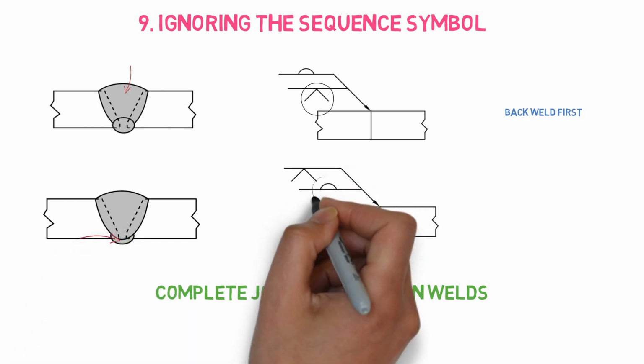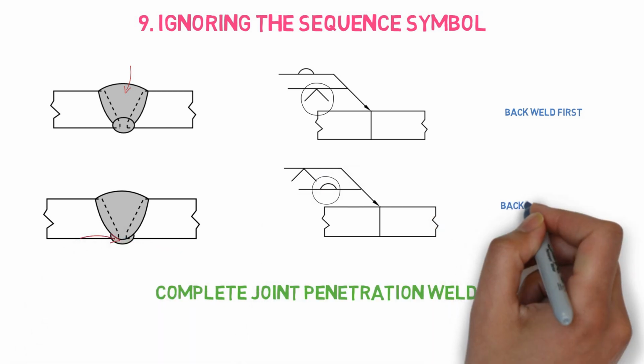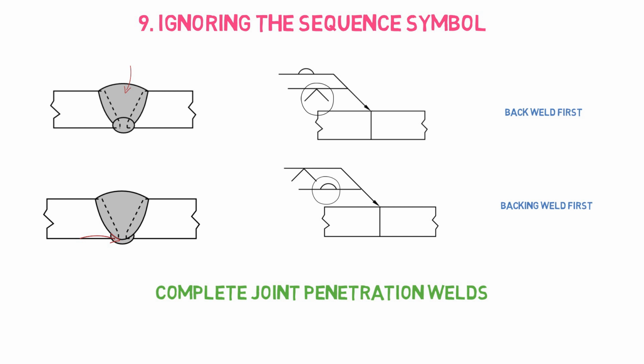However, in the second picture, the backing should come first and then later the V joint, which is on top of the backing, should come. So sequence is one of the essential parts of the welding symbol if it is needed, and the sequence must be followed during the welding process. And as you can see from these example welding symbols, the sequence can always start from the bottom followed by the next on top of the bottom one.